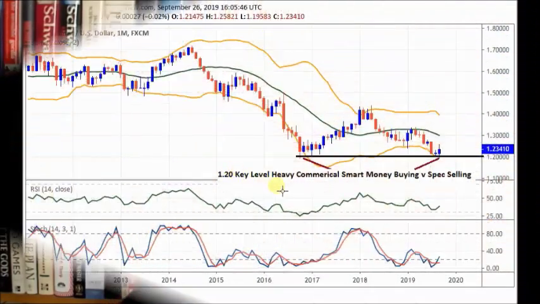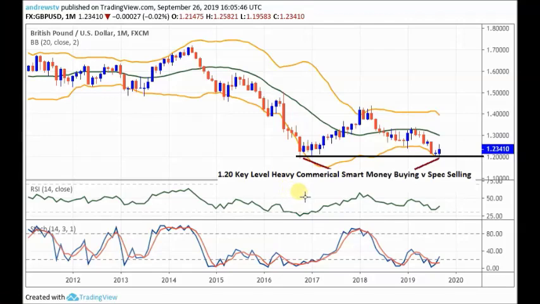Right, let's go and take a look at the pairs. I'm going to look at GBP USD. Right, just very quickly on the GBP monthly chart, so I can do the targets. And in terms of this chart as well, I just want to point out what the commercial smart money is doing against speculators. Now, in terms of the big sell-off after the Brexit vote, down to 120, then you get really big commercial smart money buying, big speculative selling.